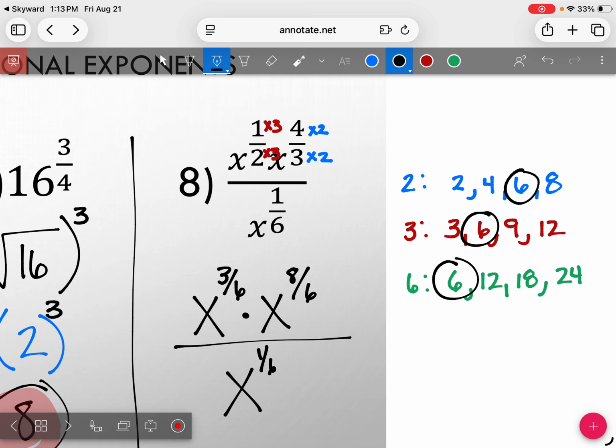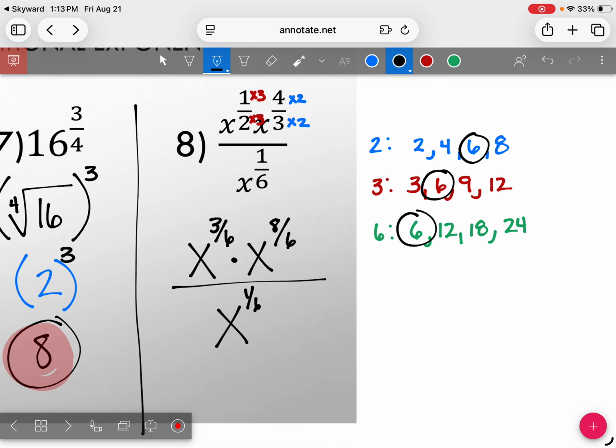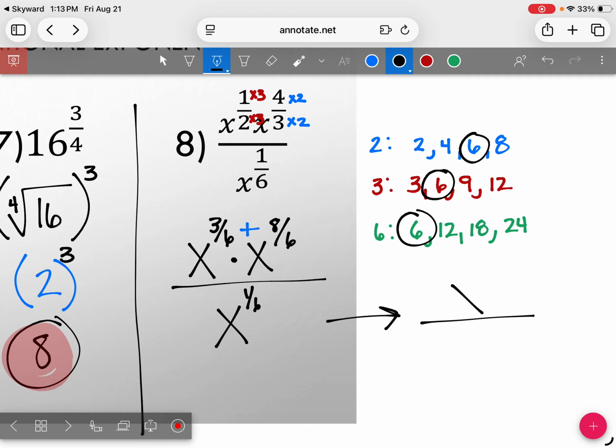Okay, so let's do what we did yesterday. First, now that we have our common denominator, let's add the top. Go ahead and add 3/6 plus 8/6. So 3 plus 8 would be 11/6.